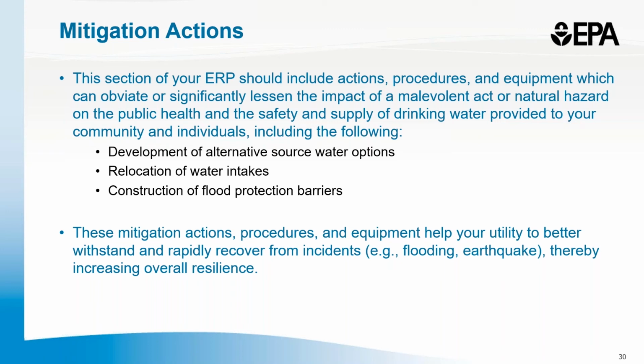This could include things such as the development of alternative water supplies, the relocation of water intakes, having flood protection with barriers, having backup power, maybe joining the Water and Wastewater Agency Response Network to have access to more resources and mutual aid during an emergency. And these are all things that can help you to better withstand and rapidly recover or bounce back from any kind of adverse incident or event that could happen at your utility.